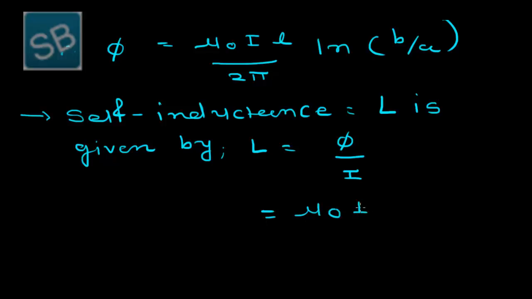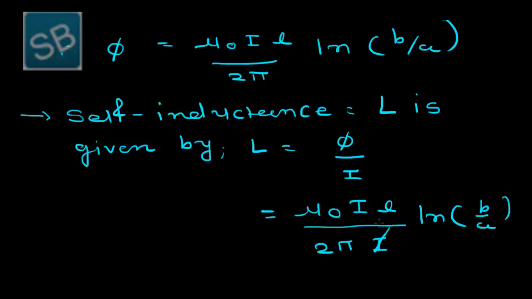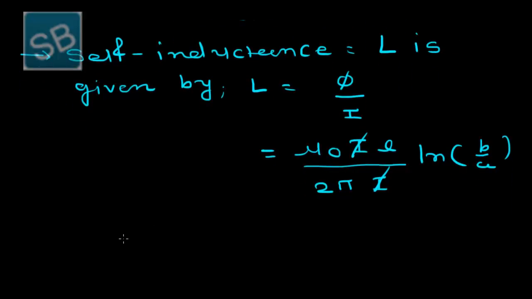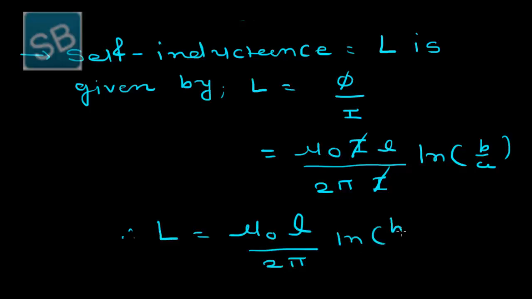Substitute mu 0 I L divided by 2 pi, multiplied by ln B over A. So this I and I are cancelled out. So the answer of self-inductance L is equal to mu 0 L over 2 pi into ln of B by A. So this is the required equation.